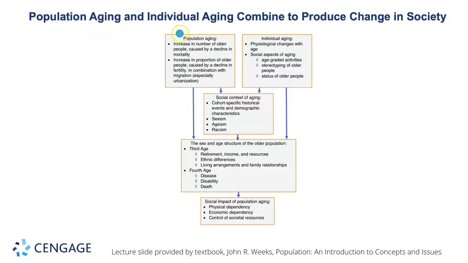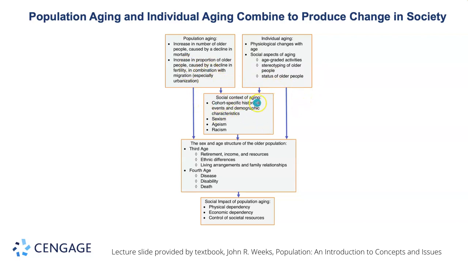So again, this is a very good graph, a very good visualization. The population is getting older and older, combined with macro-level population aging and individual-level aging of each person in the country. So they're all combined together.